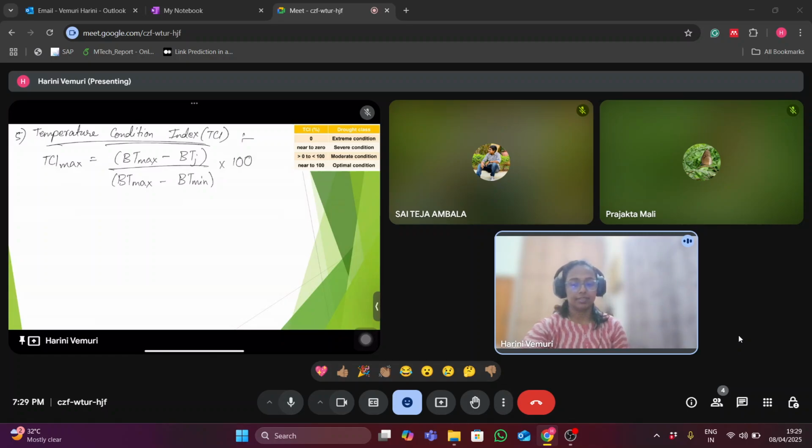All these will influence the computations. So here, if you see, the values are also given, and based on the values, the drought classes. If it is 0, TCI extreme drought class. If it is closer to 1, then there is no drought. That is the optimal condition.